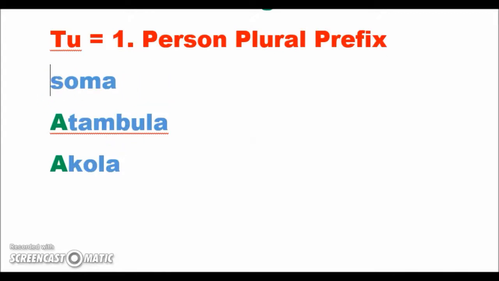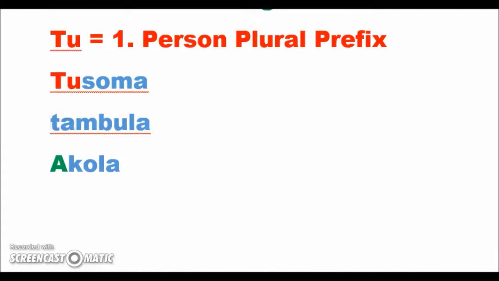So instead of saying asoma, we say tusoma. Atambula, tutambula. And akola will be tukola.